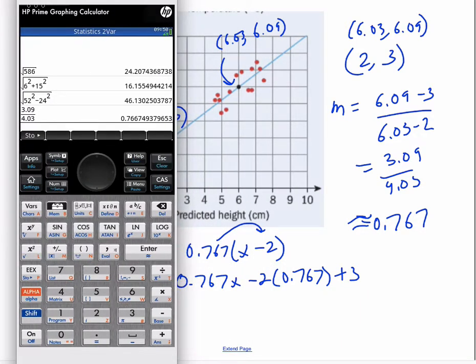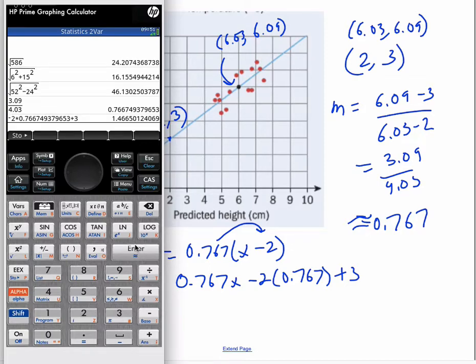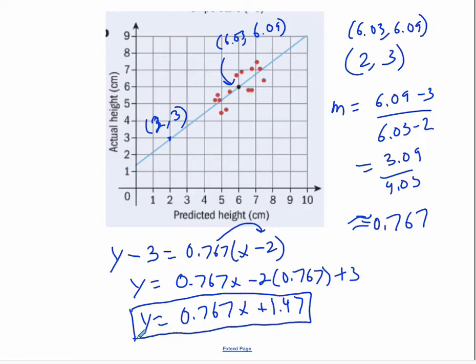So I can take negative 2 times our answer before, you can go up and click on it, plus 3, which is 1.47. So it's y equals 0.767x plus 1.47. Okay, so that's the line of best fit by hand.